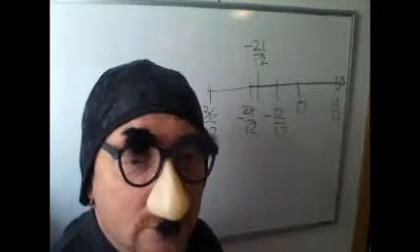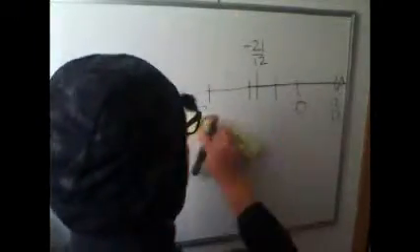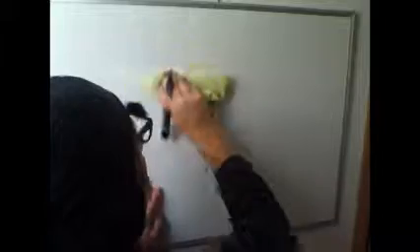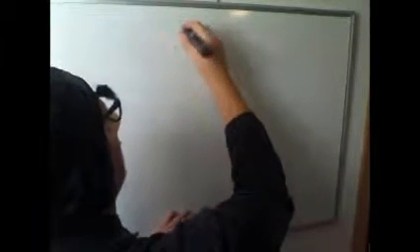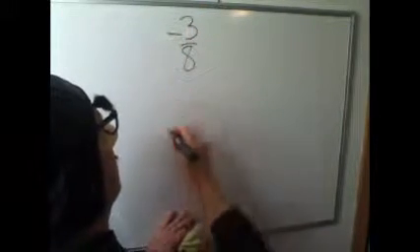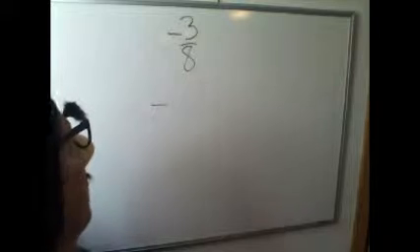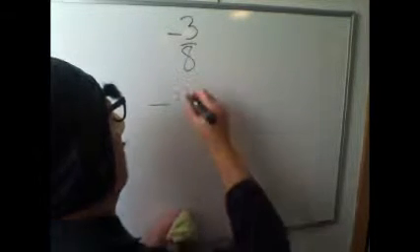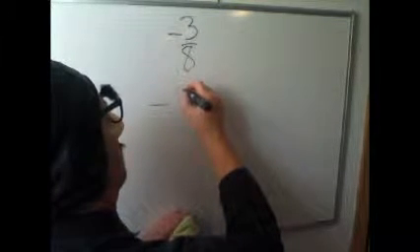Okay. Here is the secret, double secret, extra credit problem. Negative 3/8 minus, let's see, 15/4.